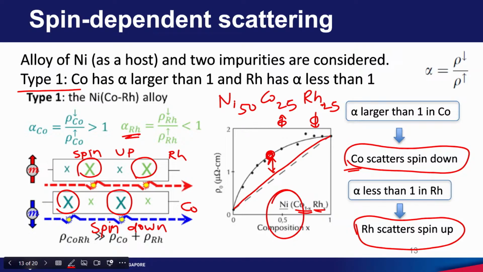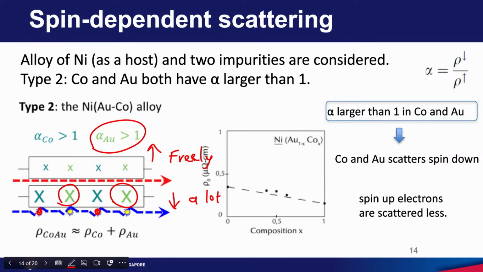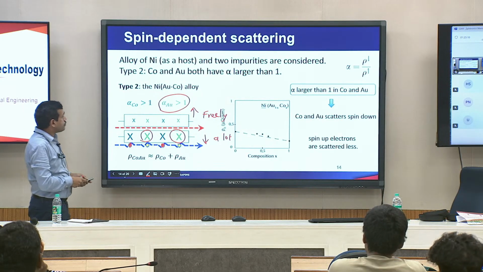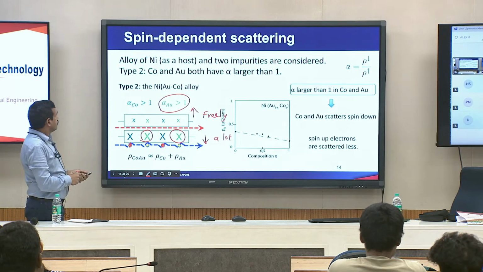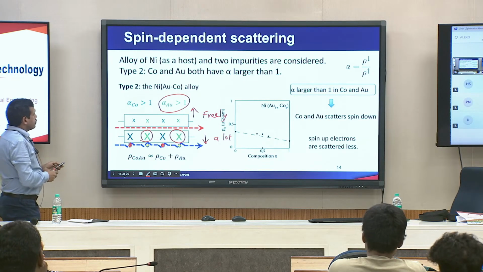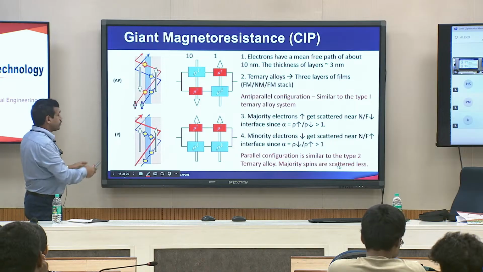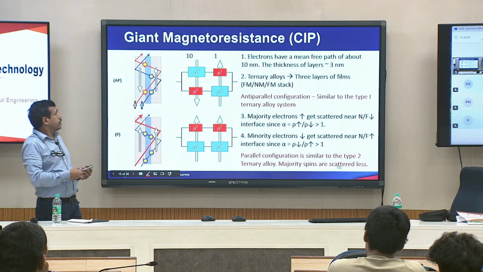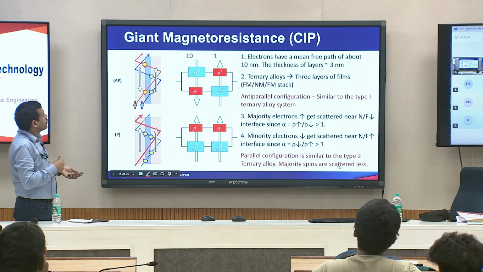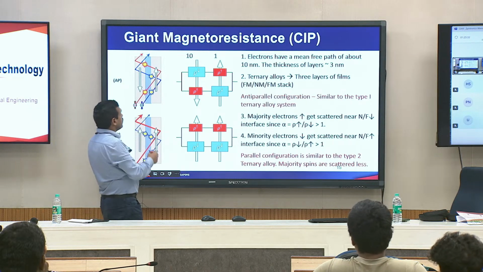Okay. So, in type 1 both types of electrons get scattered, in type 2 only spin down electrons get scattered. Okay, so, we use these results to understand the giant magnetoresistance under the current in plane scheme.